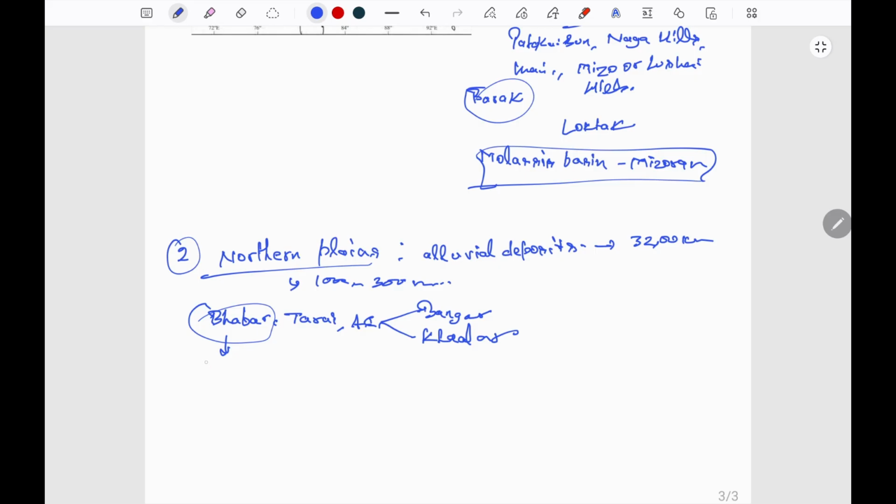It basically contains the high mountainous deposits, heavy rocks, boulders, and rivers generally disappear in this stage. That is, they start flowing below these structures, and south of Bhabar lies the Tarai region, which is approximately 10 to 20 kilometers wide, where some streams or rivers re-emerge, and these rivers create marshy and swampy conditions.